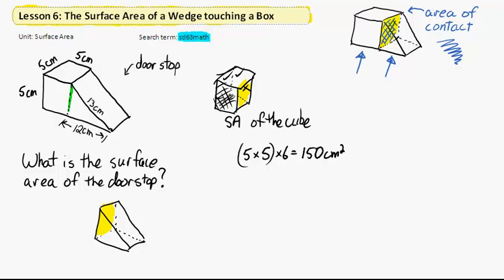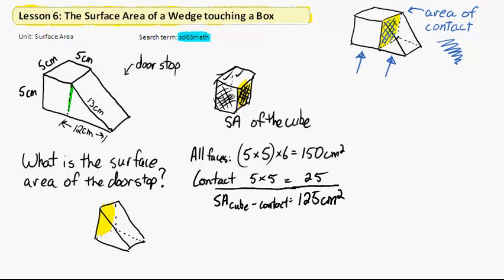This area in yellow is the contact area, and we can subtract that out. So the contact area is just one face, the yellow face, which is 5 by 5, or 25. So the surface area of the cube is 125 centimeters squared.